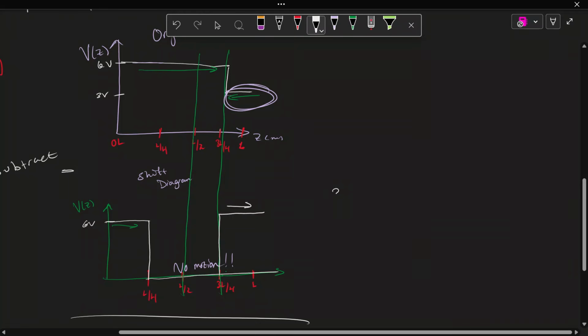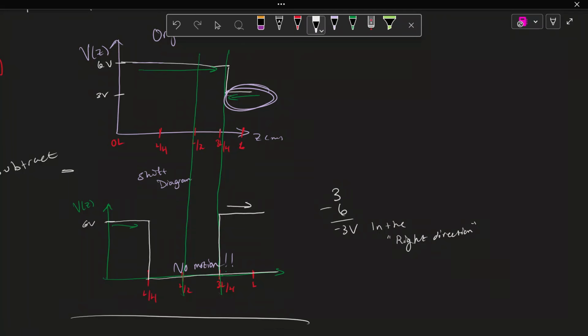We would do 3 minus 6. This is negative 3 volts in the right direction, because the 6 volts is higher in magnitude. It takes over. So you would be going right instead of left.